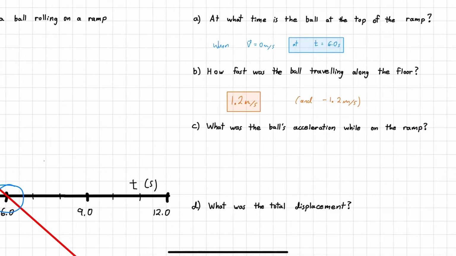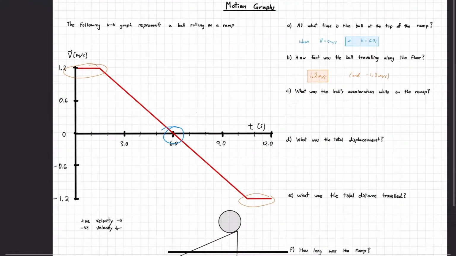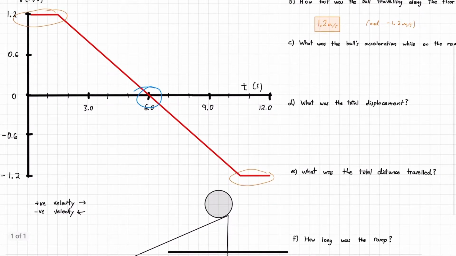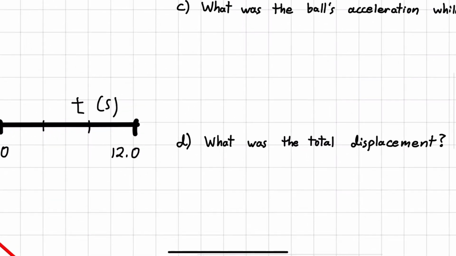What was the ball's acceleration while on the ramp? So remember, when we're on the ramp, we're looking at this section here. We should know that for the acceleration, we have a formula.